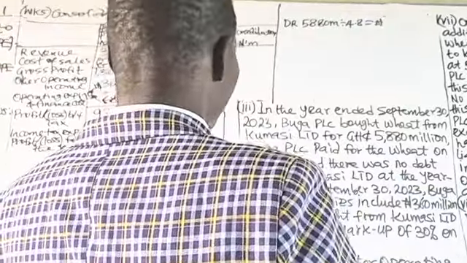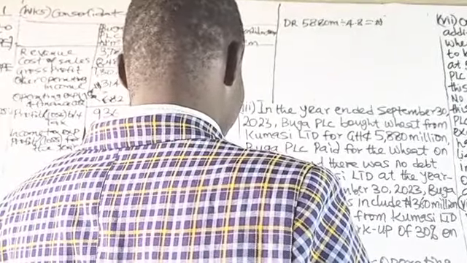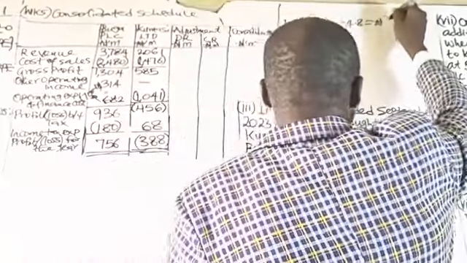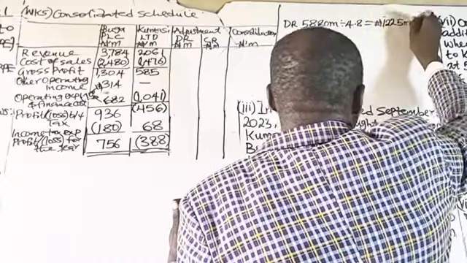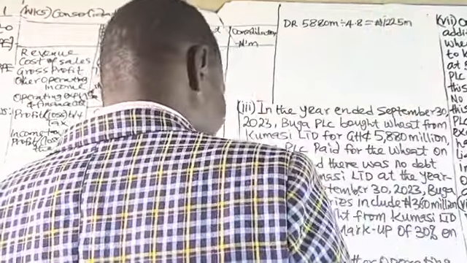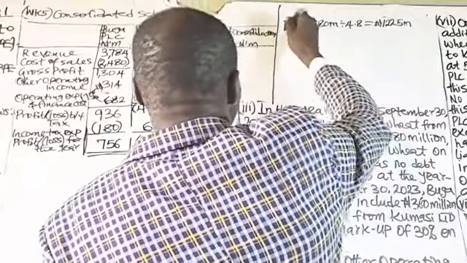The debit to revenue is 5880 divided by 4.8. That is 1,225 million Naira. Then you now credit cost of sales.